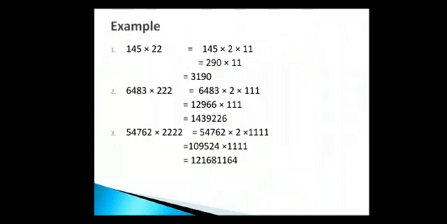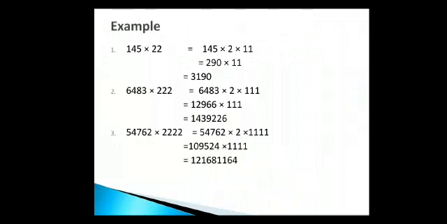So we use the rule of multiplication of 11. We write 0 and the sum of two digits, 0 plus 9, 9, 9 plus 2, 11. So we write 1 and the first digit is 2, the carry is 1. So the answer is 3190.